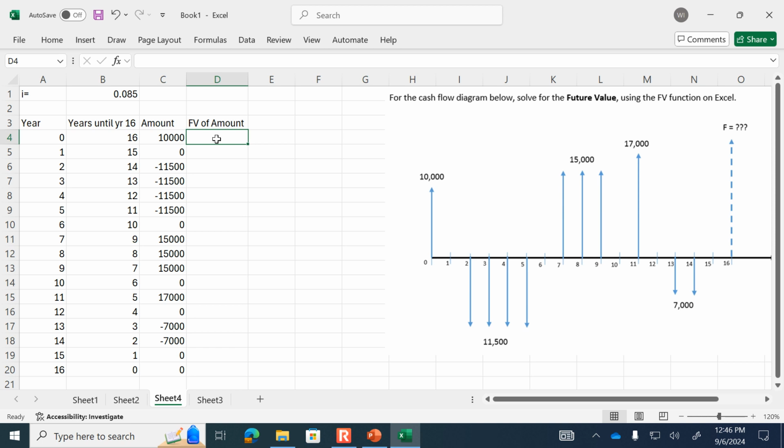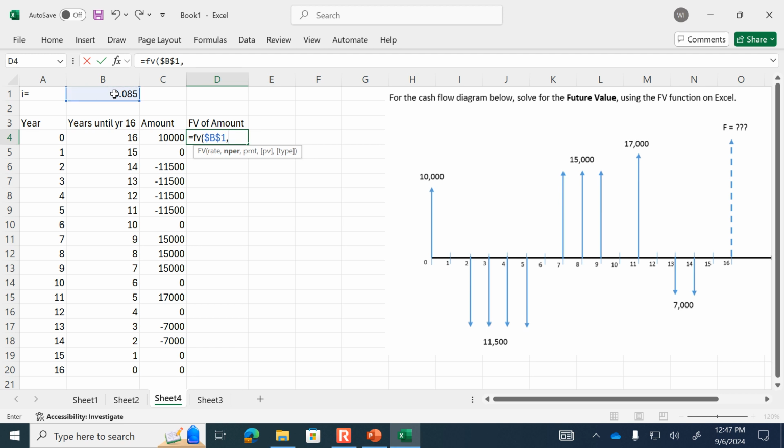Now for the FV function, equals FV parentheses. So it's telling us to define the rate. I'll click on the location, and then I have to anchor the reference, by pressing either the F4 button or typing in the dollar signs themselves. Okay, now comma, NPER.